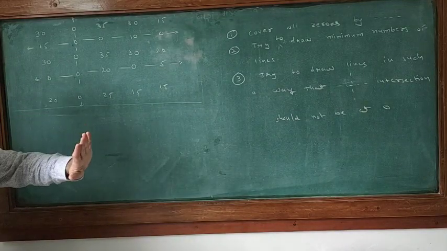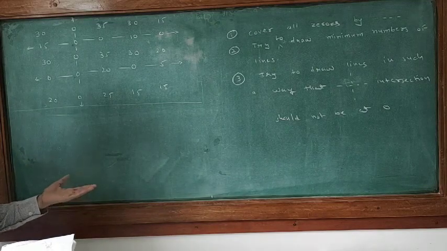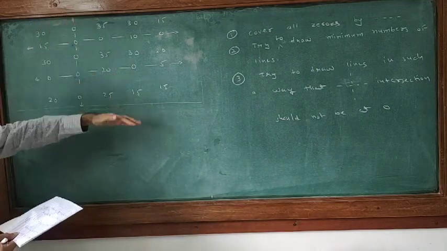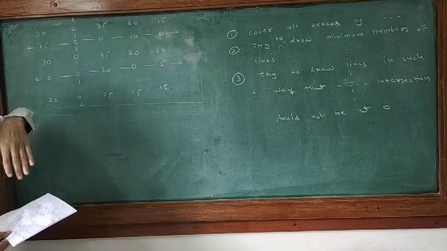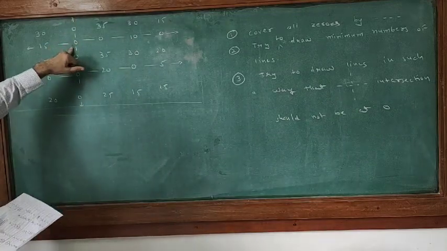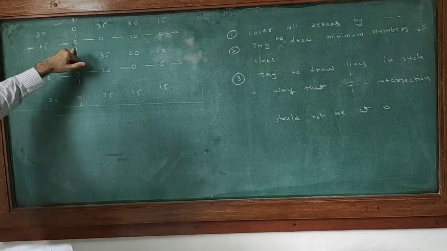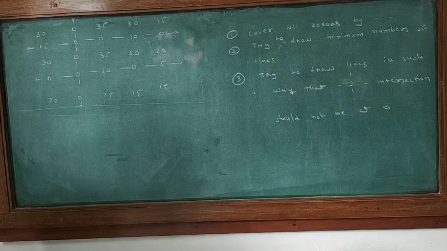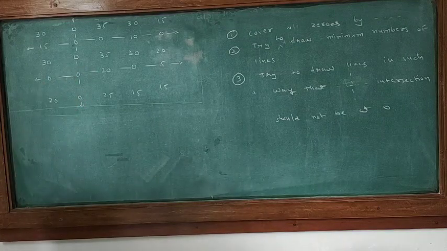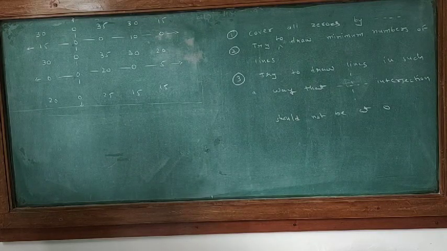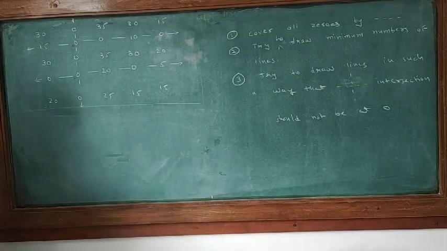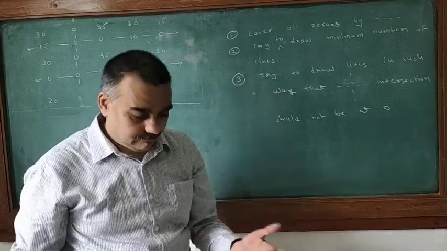Try to do that. But if you want to draw these lines that way and an intersection at 0 is unavoidable, then you have to cover all zeros by dotted line, try to draw the minimum number of lines, and try to draw lines in such a way that the intersection should not be at 0.